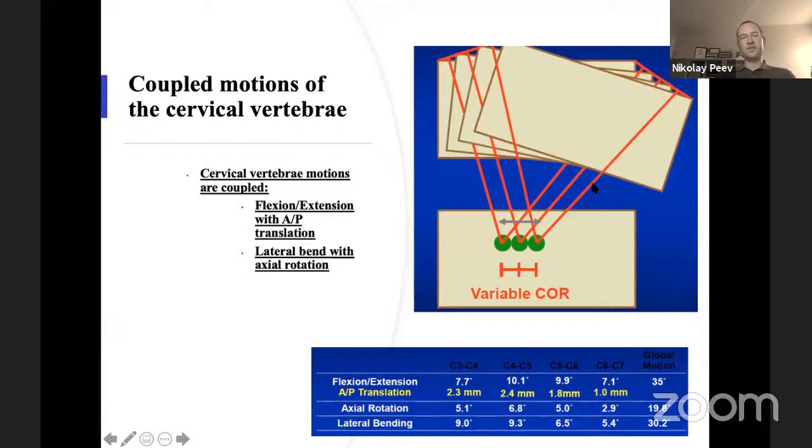The movement in the segment is happening not around an axis, but around a centroid, because cervical vertebral motions are coupled. Usually flexion and extension go with anterior or posterior translation, and lateral bending goes with rotation. You can see in that table how the movements are coupled at different levels.